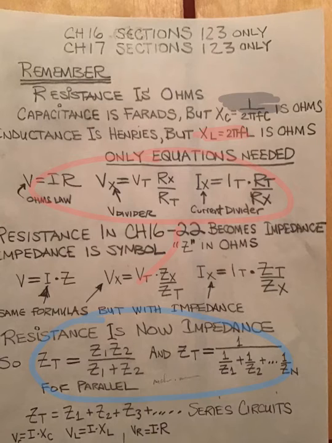So you have graduated to the big show now where we talk about all three, resistance, inductance, and capacitance, and we want them all to be in ohms, and we have these equations for series and for parallel in the green down at the bottom. You can see the equations for series circuit impedance. These will be your bread and butter equations.